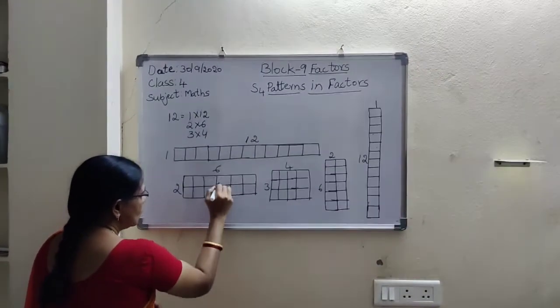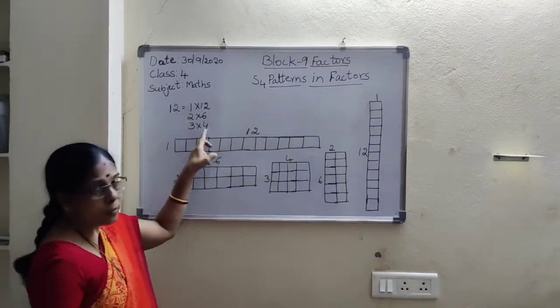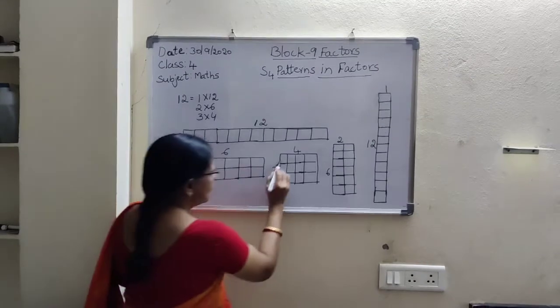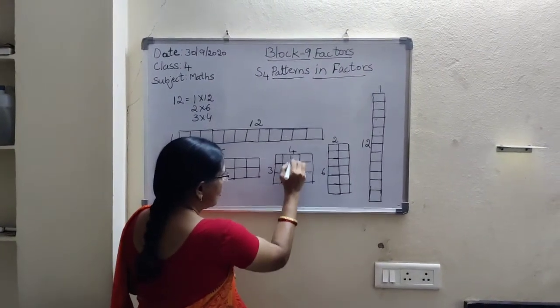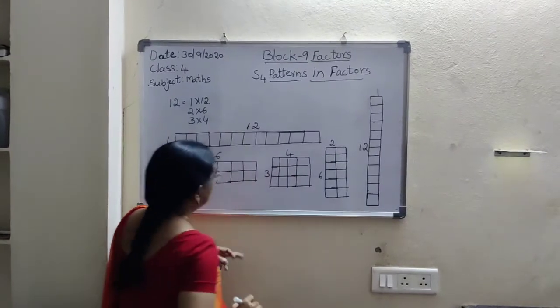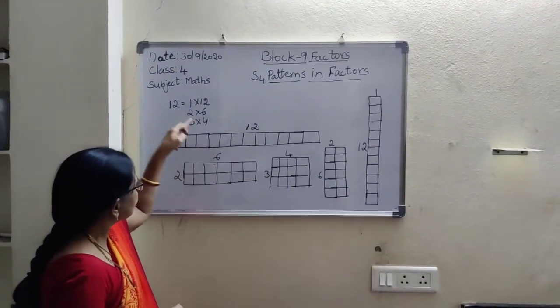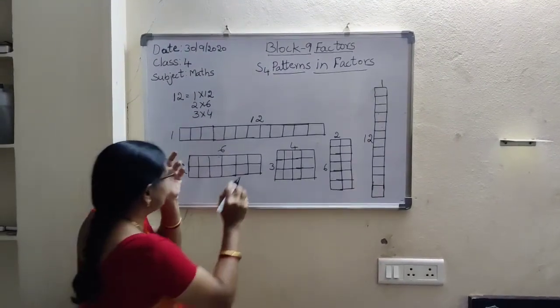1 2 3 4 5 6 boxes. Next, 3 4s are 12: 3 rows, 4 columns. See, 1 2 3, 3 rows, 4 columns. Next, 4 3s are 12.